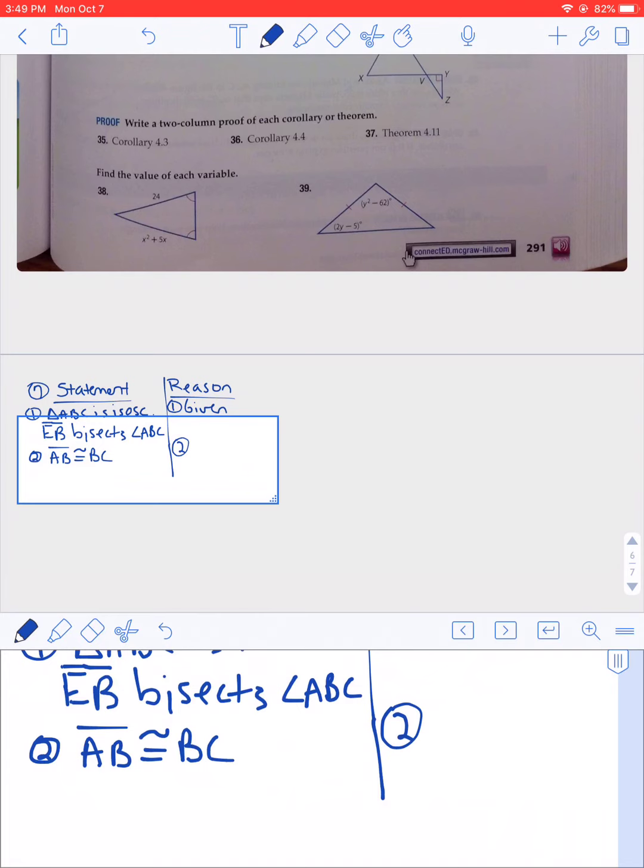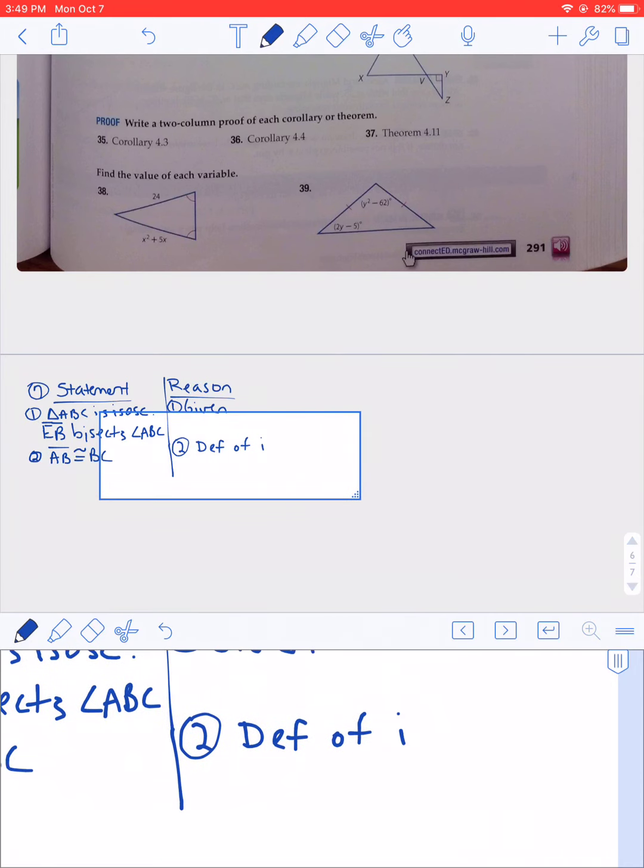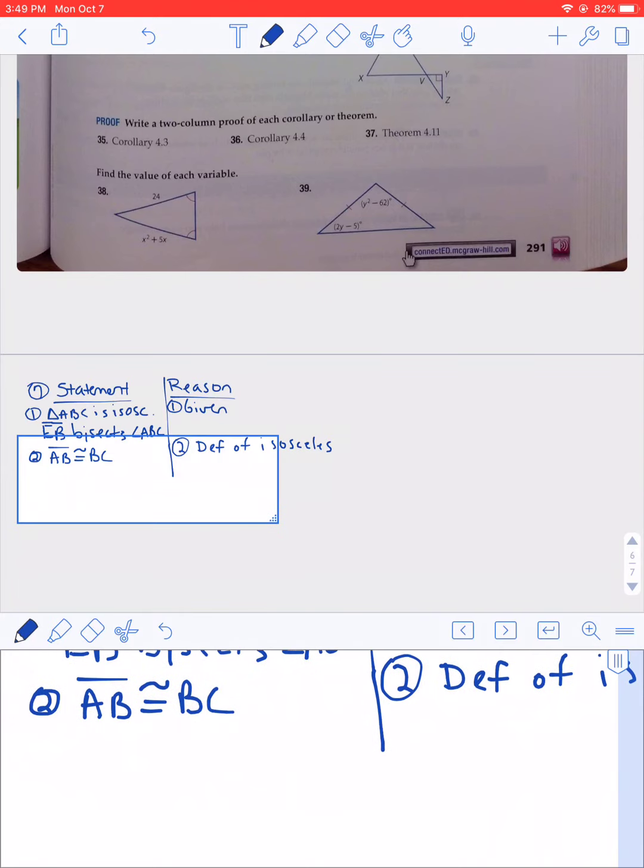But we know that AB is congruent to BC because that's the definition of isosceles. They tell us that this is an isosceles triangle to begin with, so therefore we know those sides are congruent because those are the sides coming out of angle B. So just keep that in mind.